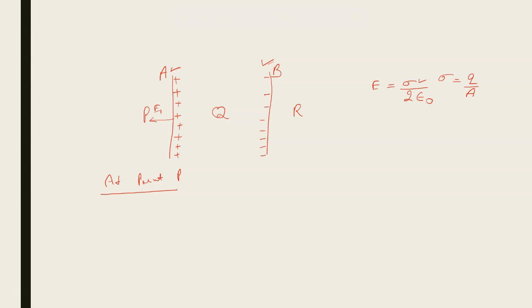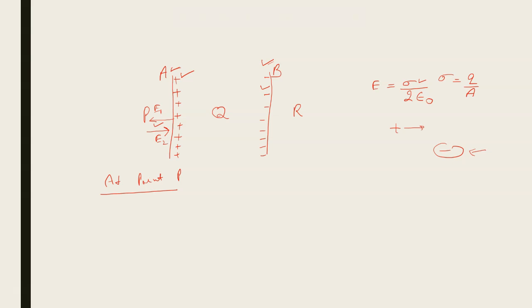If due to positive charges the direction is outward, then due to negative charges the direction will be inward, towards the negative charges, and that is E2.